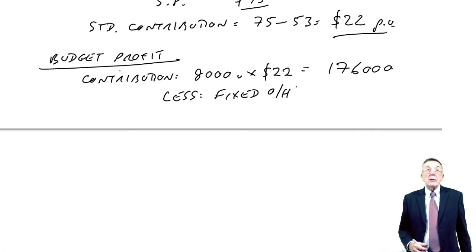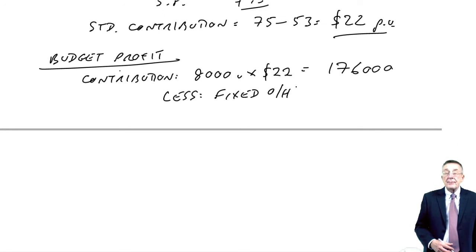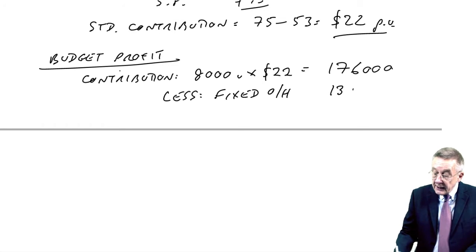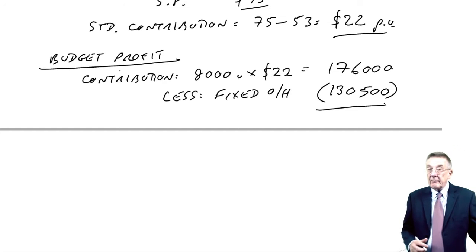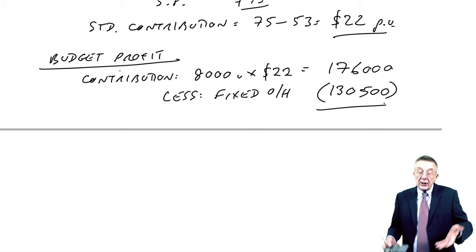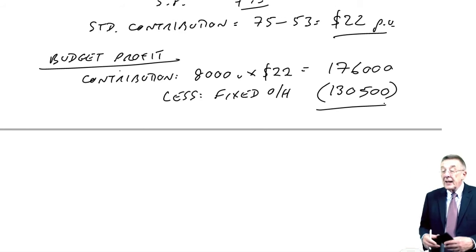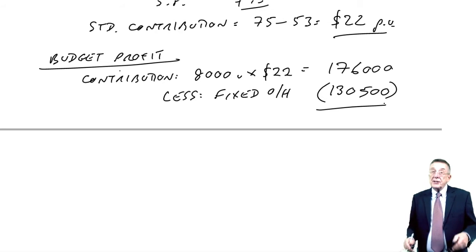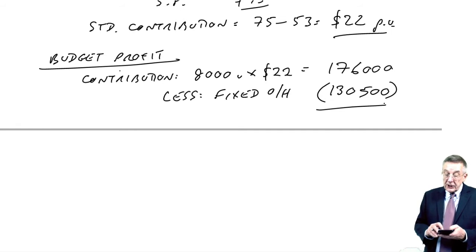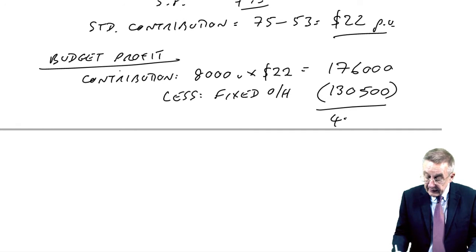And if you remember, we had calculated, when we did it before, that the total fixed overheads were budgeted as 130,500. With marginal costing, of course, if you sell more or less, the contribution will be higher or lower. Fixed costs should stay fixed. But the budgeted profit is 45,500.